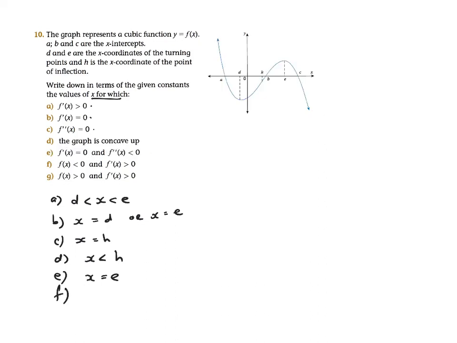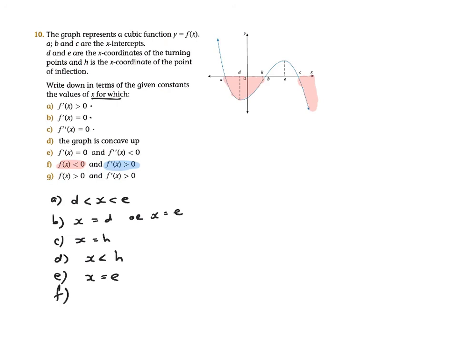Okay, so the next one they ask you, where's y, f of x, less than 0? That means where's y negative? First of all, let's check where y is negative: all those x values, and then there's y negative again. Then they also ask you, where's f prime x, the derivative of f of x, positive?